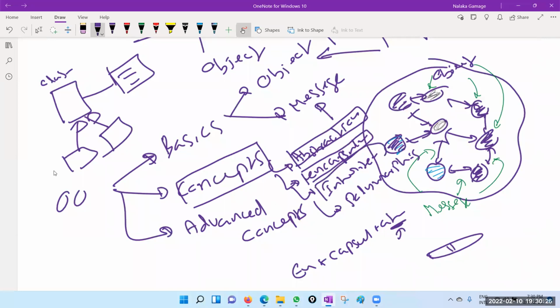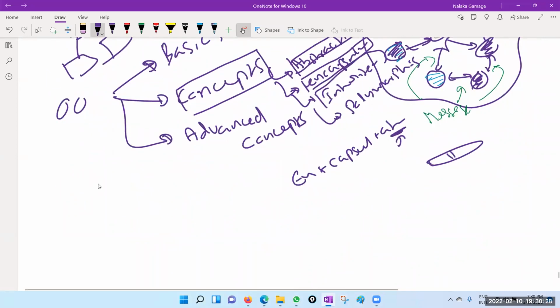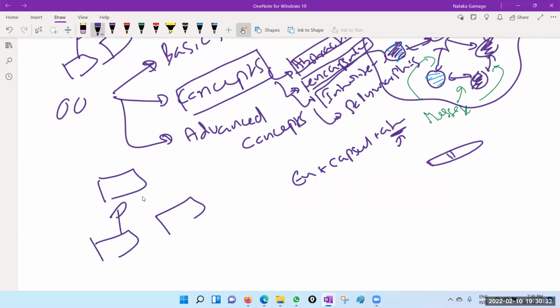So then we have inheritance. So inheritance means we can create a hierarchy of classes, so that the classes below the hierarchy get some attributes and behaviors from the classes above the hierarchy. Not only from this one, even from this one, this class inherits. Okay, so that is called inheritance.